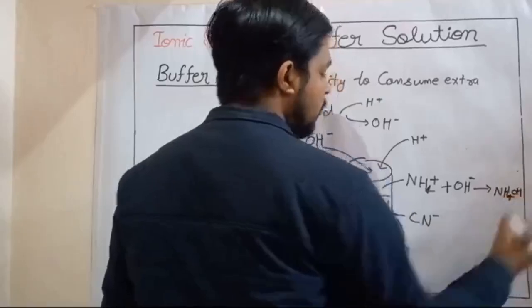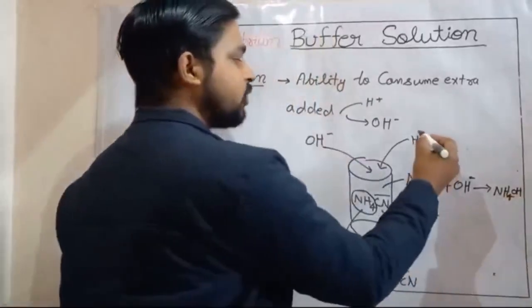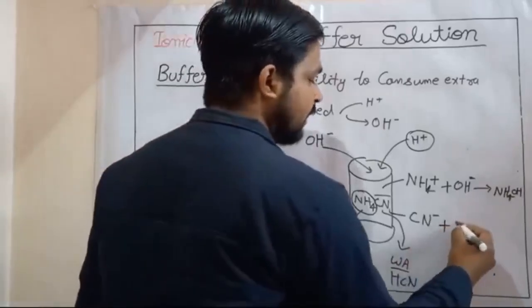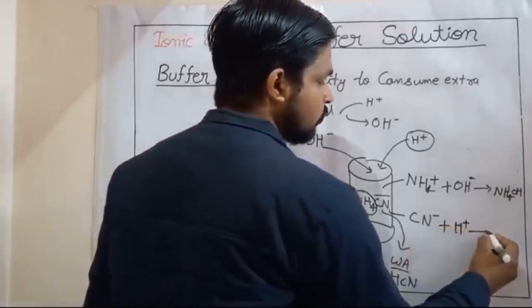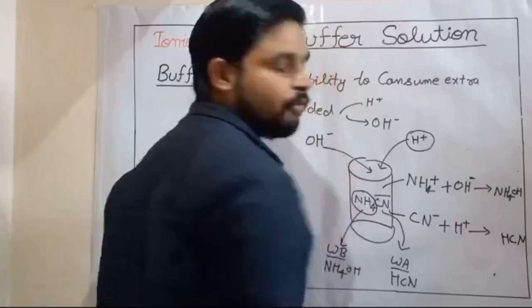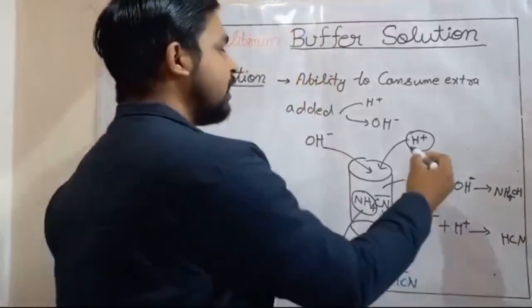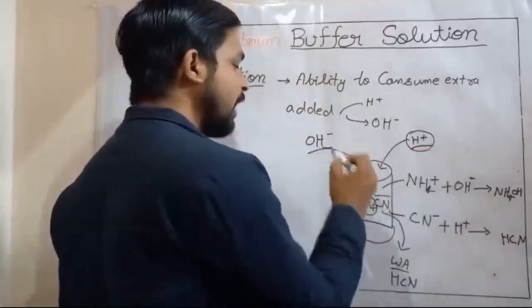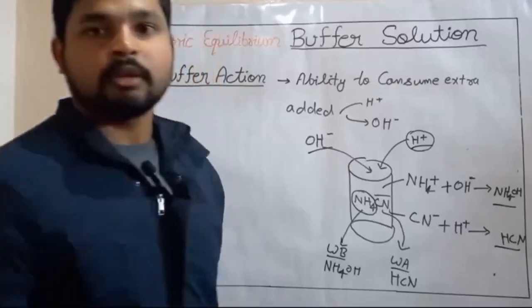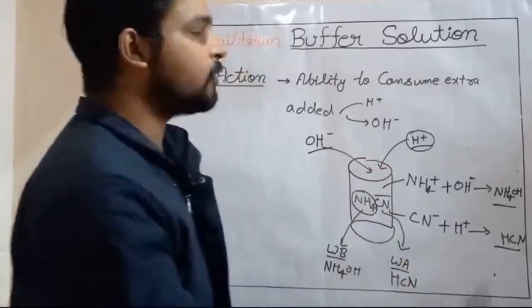And if we add an extra amount of strong acid, it is consumed by the cyanide ion. So the effect of the extra added H plus and OH minus ion is neglected. This action done by a buffer solution is known as buffer action.